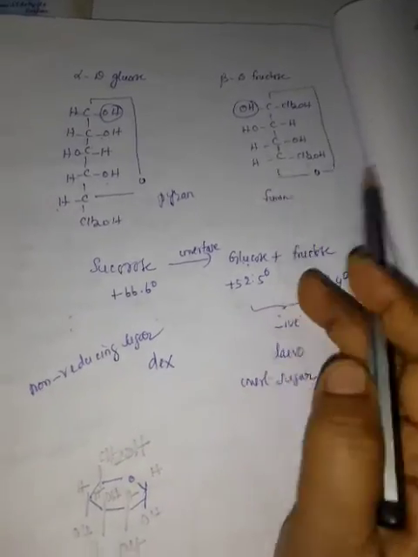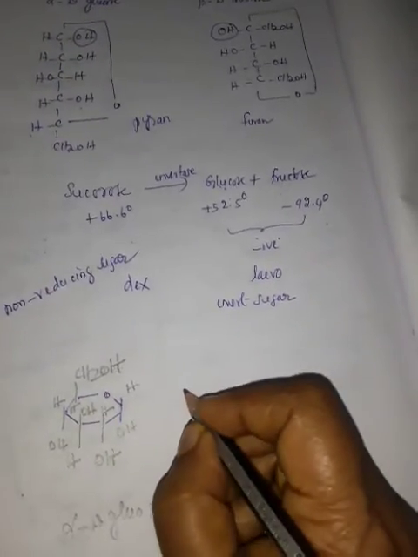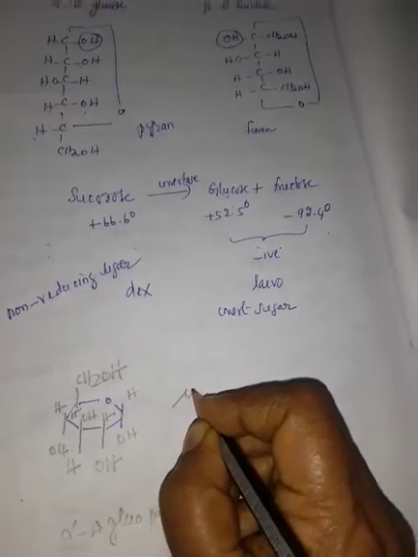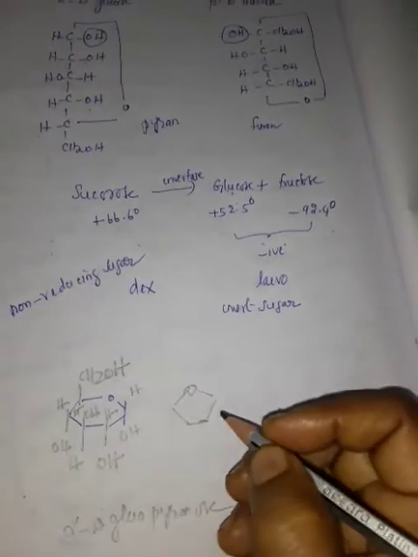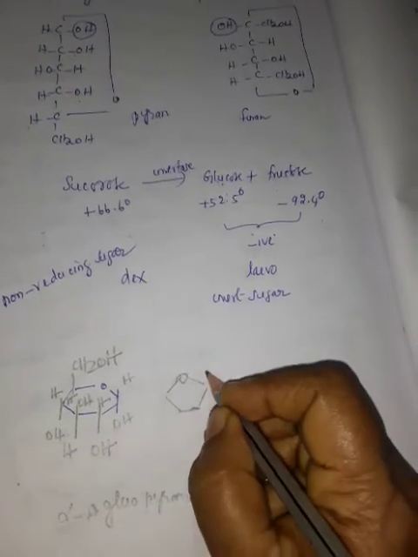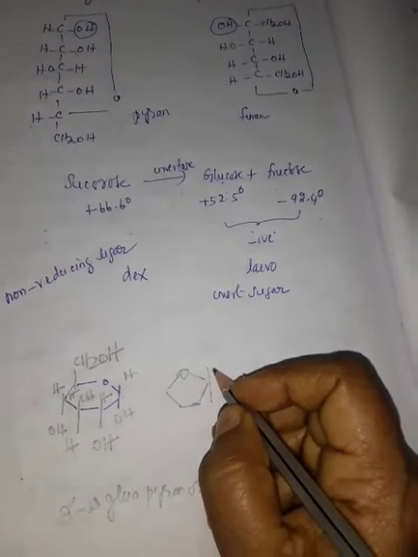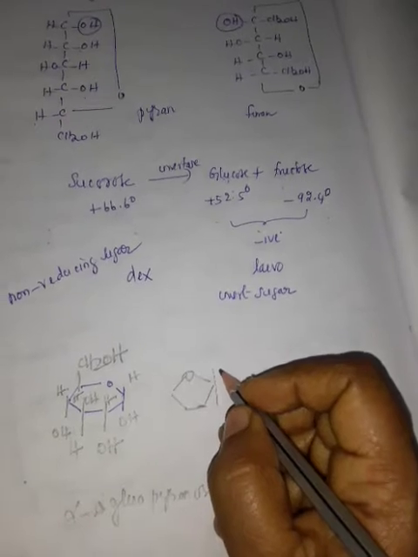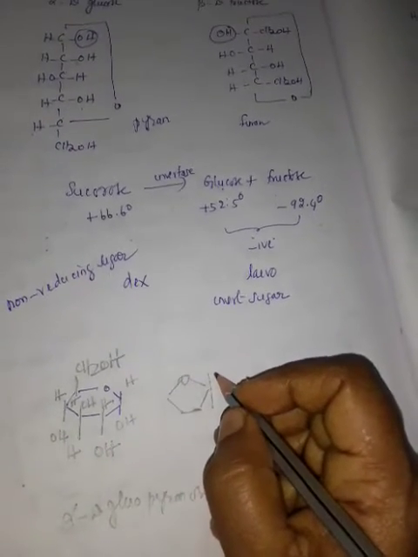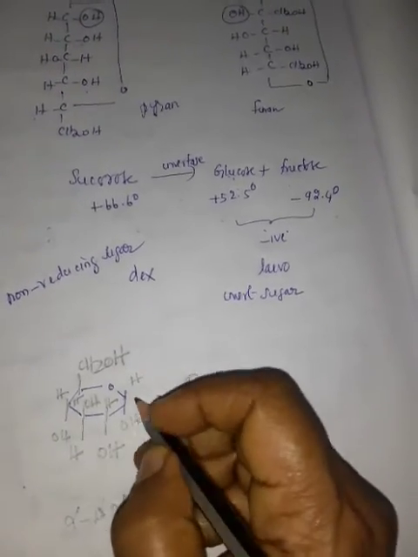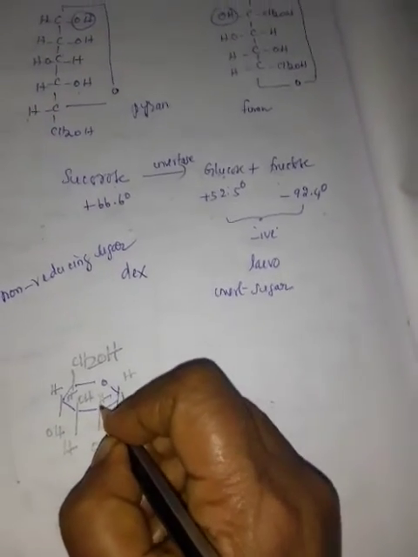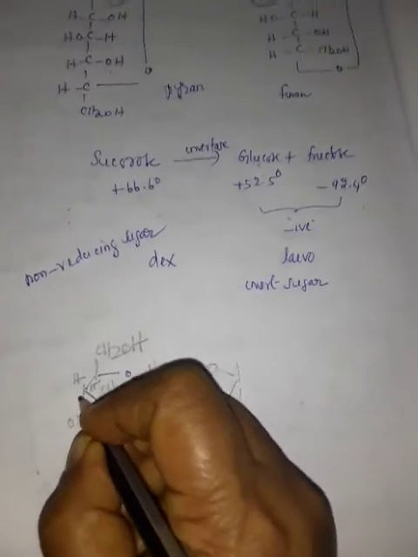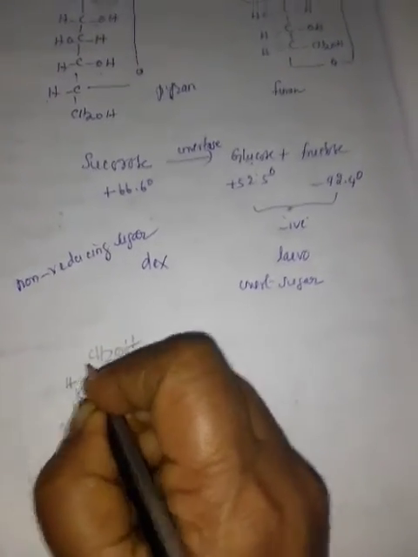Now next, beta D fructose. This is the 5-membered ring. Here this one is first carbon, second, third, 4, 5, 6.